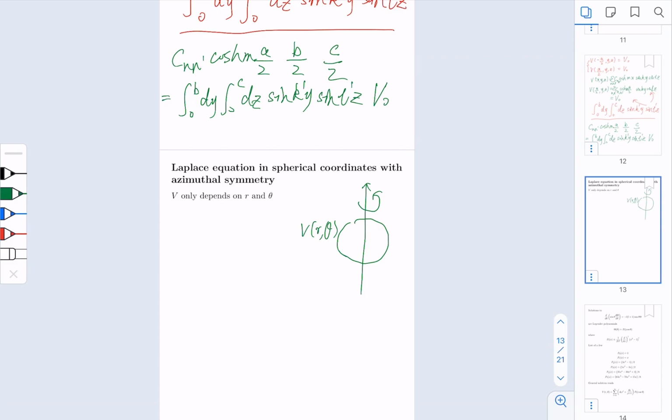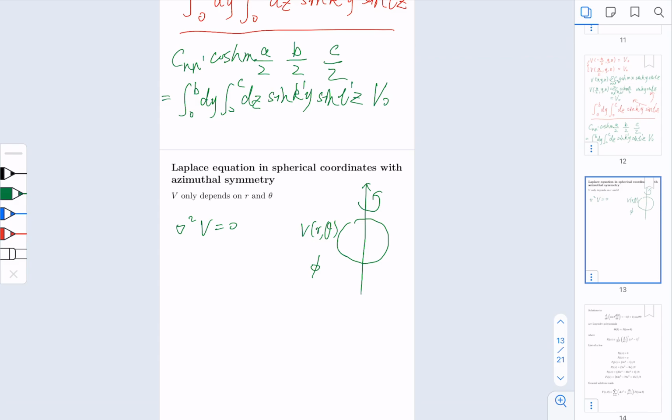This means that the potential should have no dependence on phi, and this means again our 3D Laplacian can be simplified into 2 dimensions.